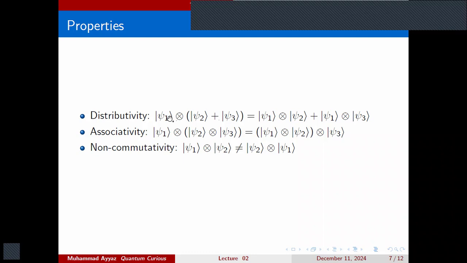And in general, the tensor product is non-commutative. If we multiply the state vectors in this order, it is generally not equal when we flip the order of these state vectors. So in general, it is non-commutative.